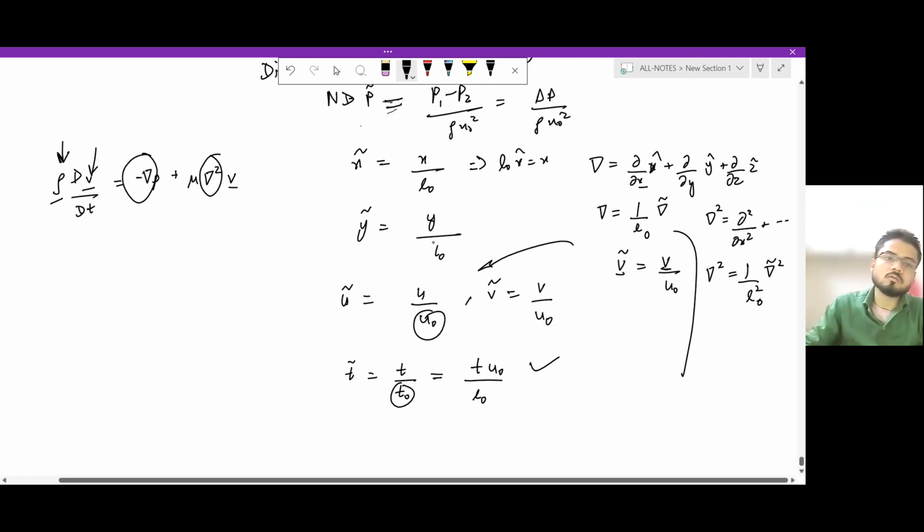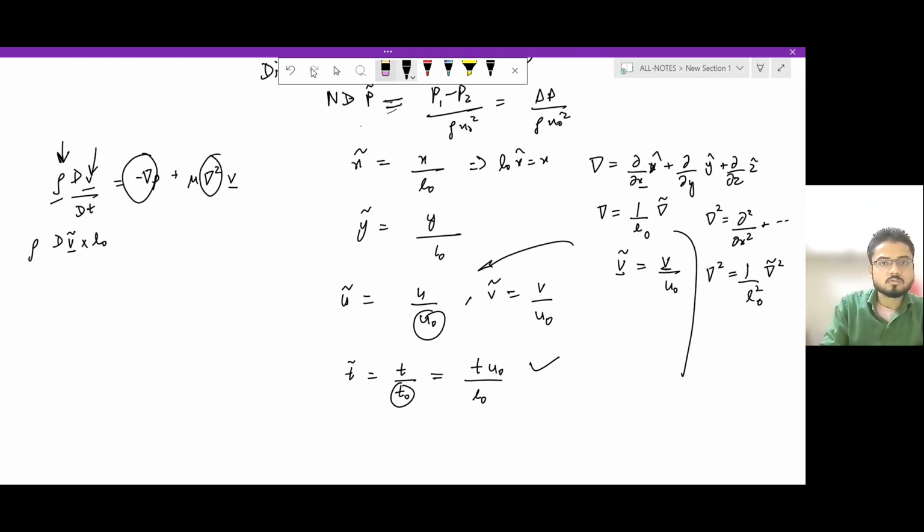All right, so this becomes like this. Anyway, now we can start our exercise, because this would become something like d of v vector times L naught tilde, of course. Let's do this.